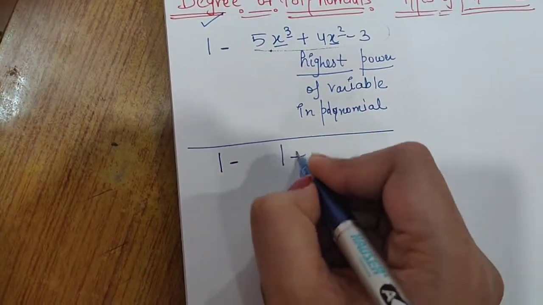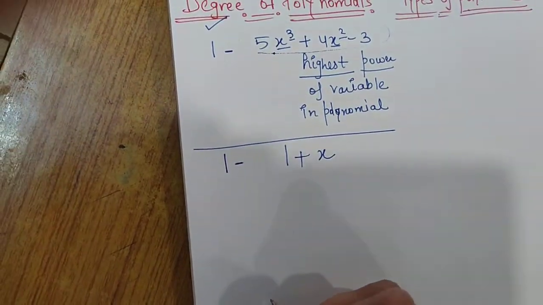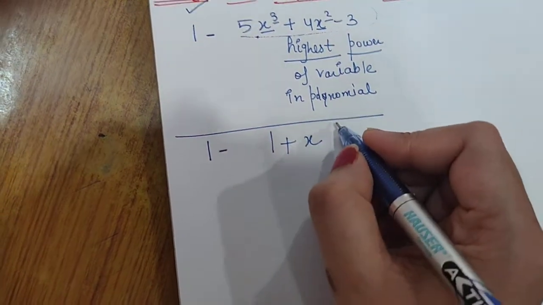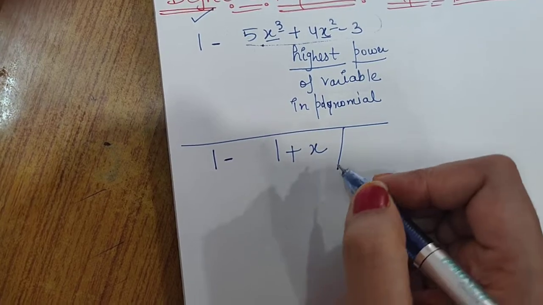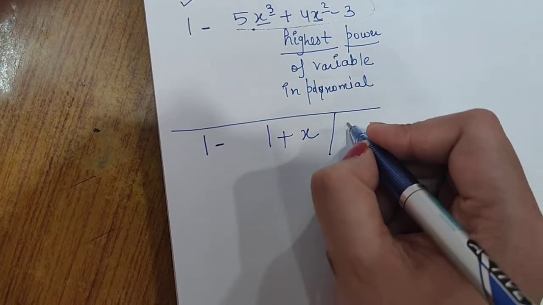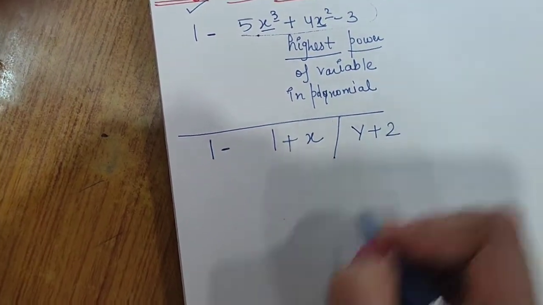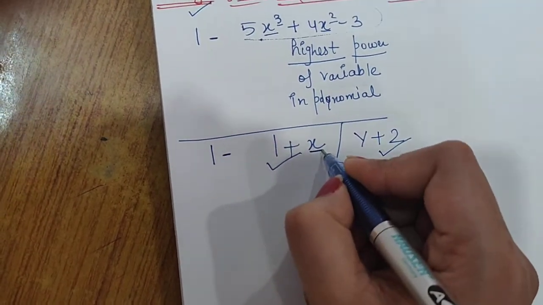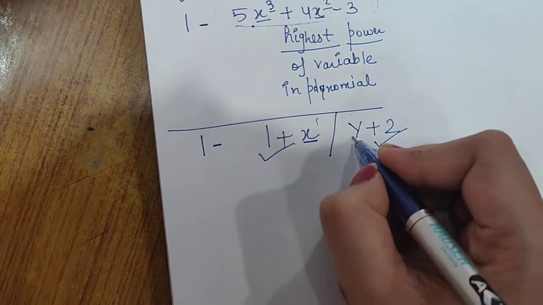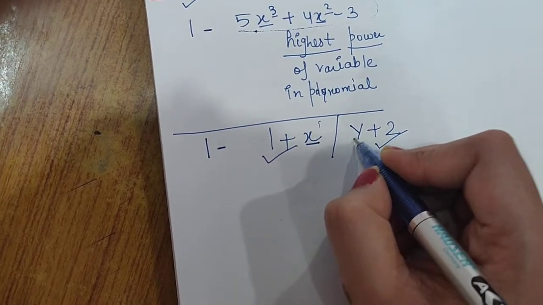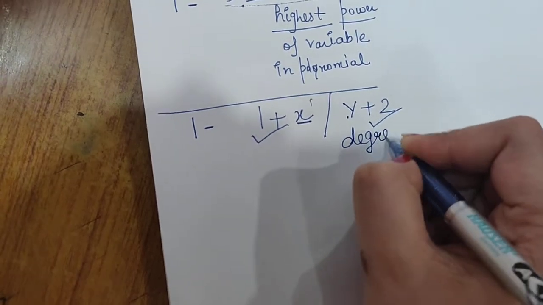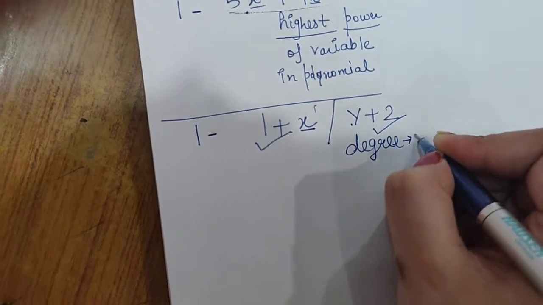So 1 plus x, 2 plus x, or we may write one more example, y plus 2. In these polynomials the variable is x, raised to the power 1. In this polynomial also y is the variable and y is raised to the power 1. So the degree of the polynomial in this example is 1.